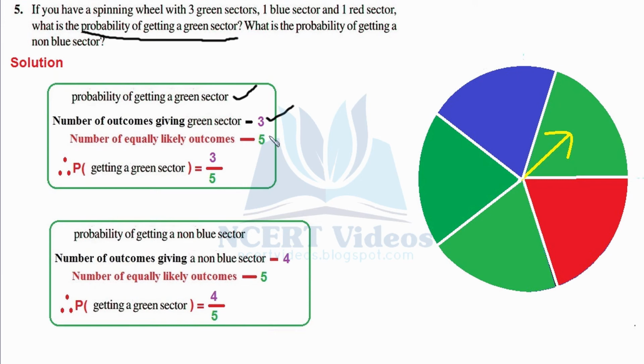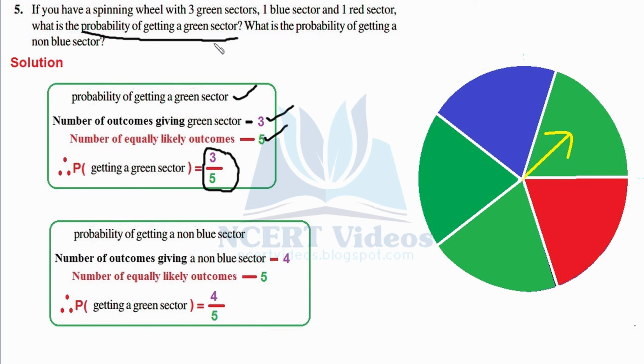Therefore, total equally likely outcomes are 5. Therefore, the basic formula or representation in order to represent probability is this. In brackets, we write the event name, probability of getting a green sector. Therefore, probability of getting a green sector is equal to 3 over 5. Simple enough, not further reducible. That is your required answer for this part.